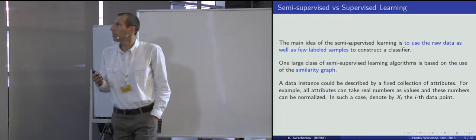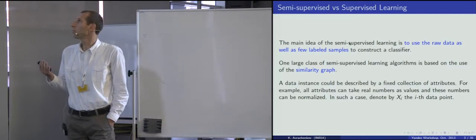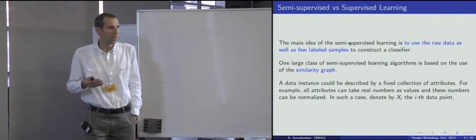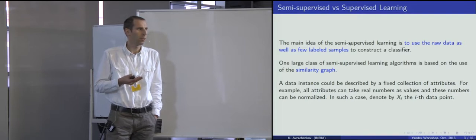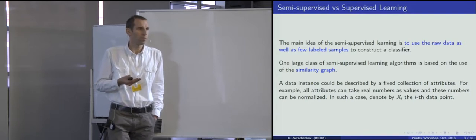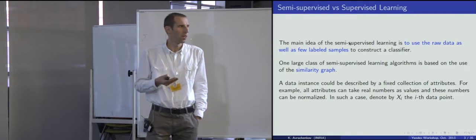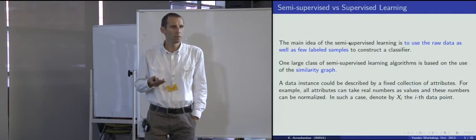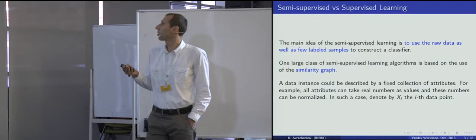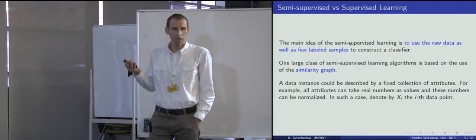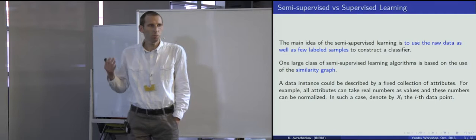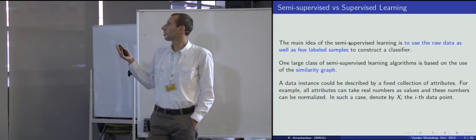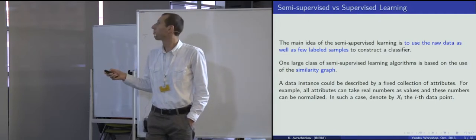So one of a large class of such semi-supervised learning algorithms are graph-based semi-supervised learning algorithms. And this type of algorithms are based on a similarity graph. There are several ways to get such a graph. One way is just by using a radial basis function. So typically, a data point has a vector of attributes, which we can denote, say, by xi.